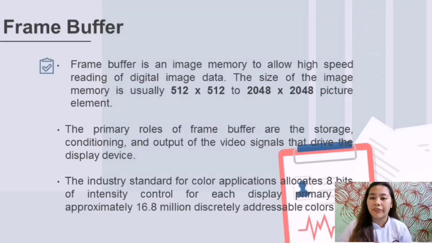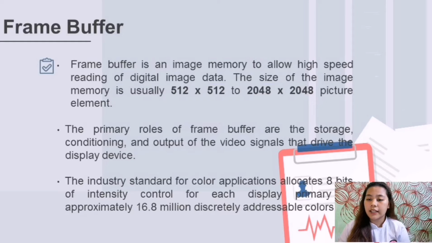So, what is frame buffer? Frame buffer is an image memory to allow high-speed reading of digital image data. The size of the image memory is usually 512 by 512 to 2048 by 2048 picture elements. The primary roles of frame buffer are the storage, conditioning, and output of the video signals that drive the display device.